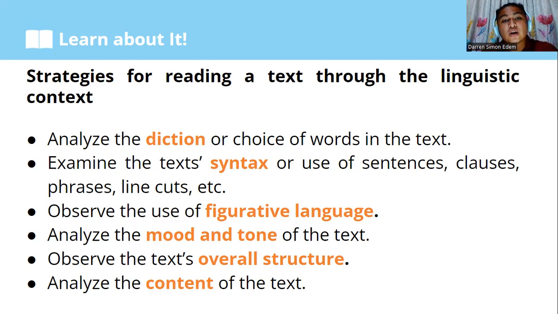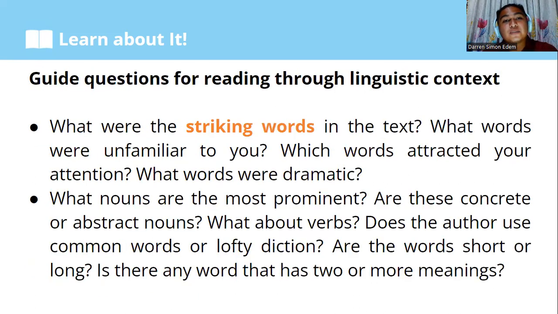And we also need to talk about the overall structure of the text. And lastly, most importantly, analyze the content of the text. You need to become critical readers and apply critical thinking, in terms of trying to decode, analyzing the content of that particular text. Now, what are some guide questions in reading through linguistic context?